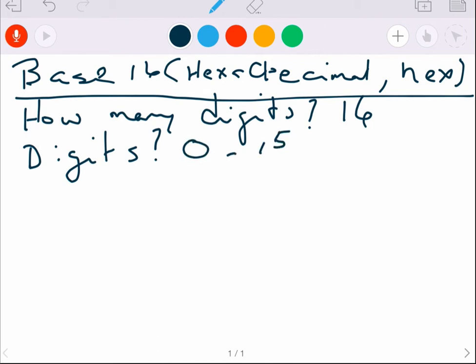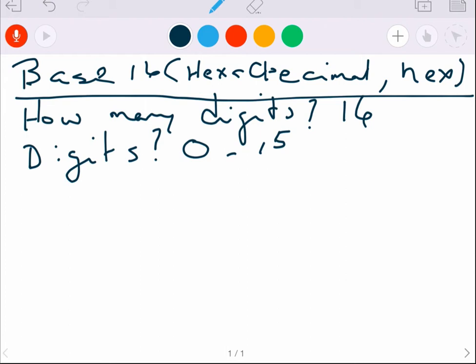Now then, the problem we have with that, and what some people have seen or know, is if I have a string of digits and I have a 1, 5 in that string, do I mean a 1 followed by a 5, or do I mean 15? So there can be some confusion if we allow multiple characters to represent a single digit.